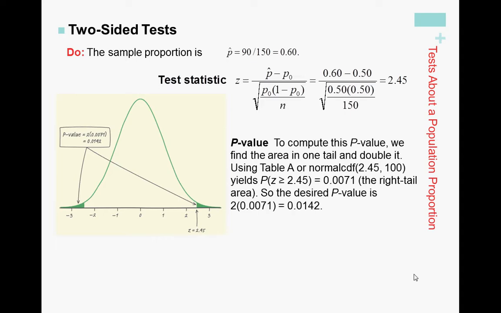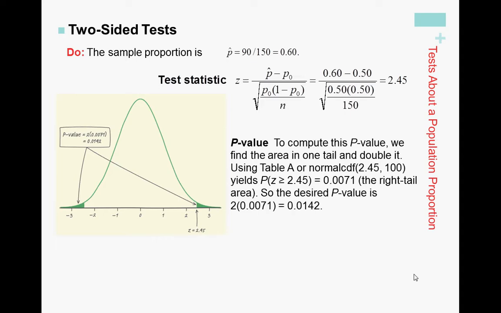So using table A or normal CDF, you get a p-value of 0.0071 for just one of the tails. So we do have to double that to 0.0142. So the probability of getting a sample proportion this far away from the mean that it's claimed, in either direction, this far or farther away, is only 0.0142, so a 1.42% chance.